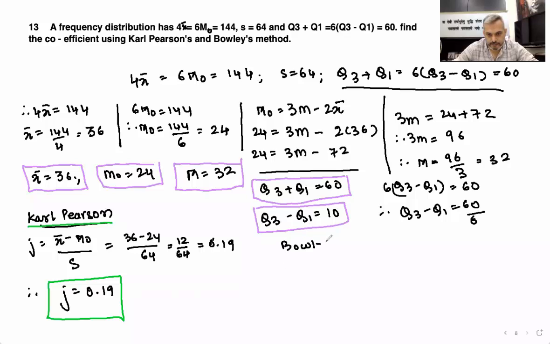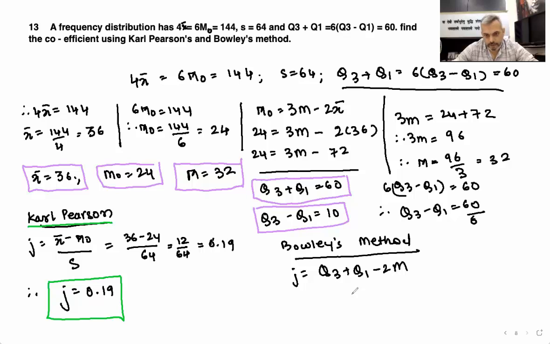Now we go for Bowley's method. J is equal to Q3 plus Q1 minus 2 median upon Q3 minus Q1, which is equal to Q3 plus Q1 is 60 minus 2 into median 32 is 64 upon Q3 minus Q1 is 10, which is equal to minus 4 by 10.